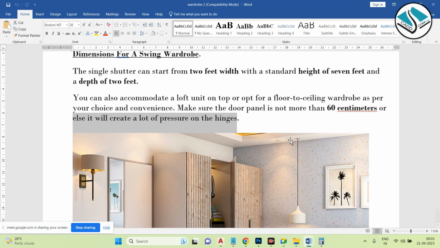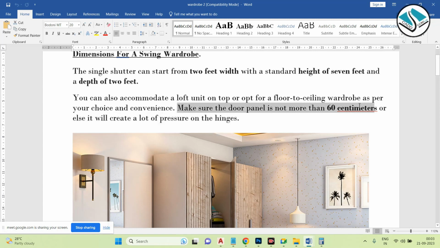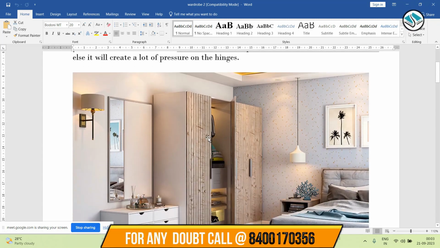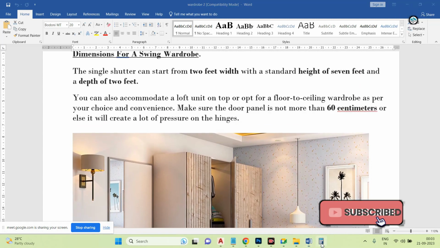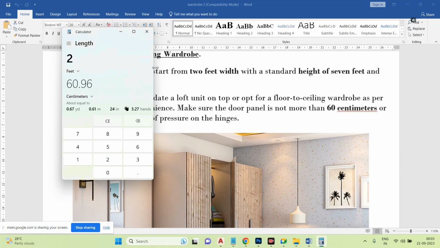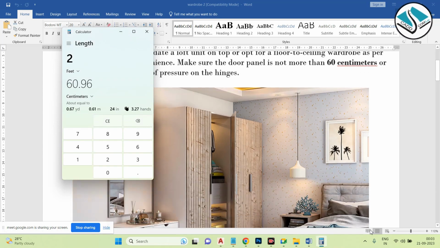The wardrobe door panel: you can see here two panels, one and two. Two panels means, converted like this, around 2 feet, or 60 centimeters. First and second, you can see here.